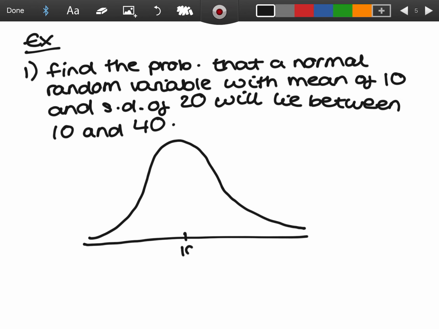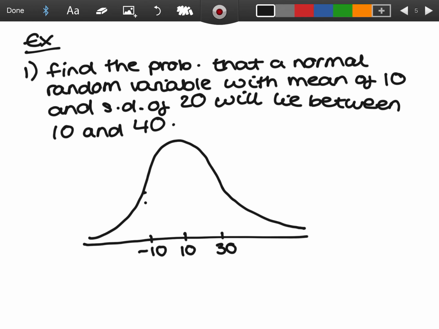Okay, so I know that I've got a mean of 10, so 10 is right down the middle, and I've got a standard deviation of 20. So if I start adding multiples and subtracting multiples of the standard deviation, just so I can see roughly where my data lies. Remember, I'm going to have roughly 68% of my data within one standard deviation of the mean. So between -10 and 30, okay, so I've subtracted one standard deviation from the mean and added one standard deviation to the mean.